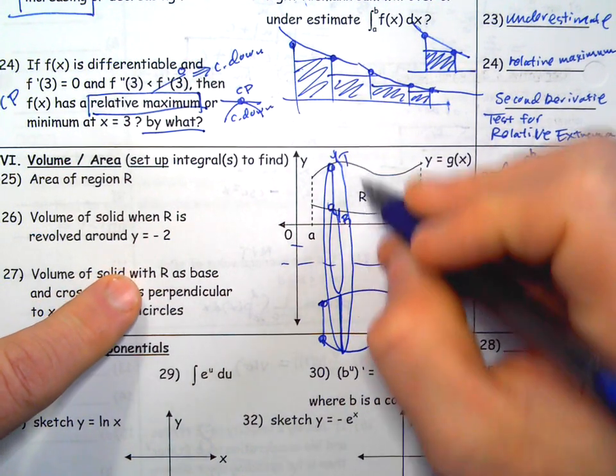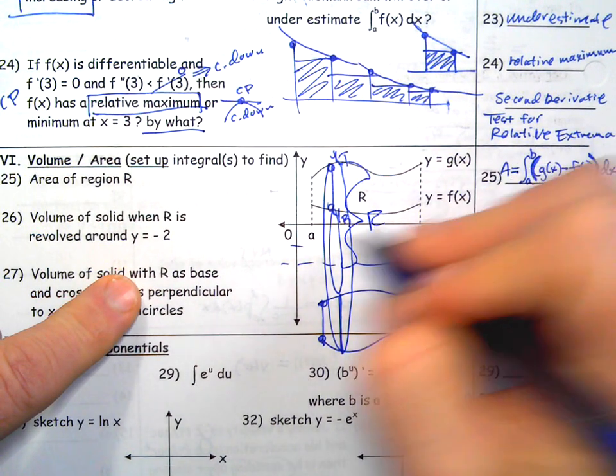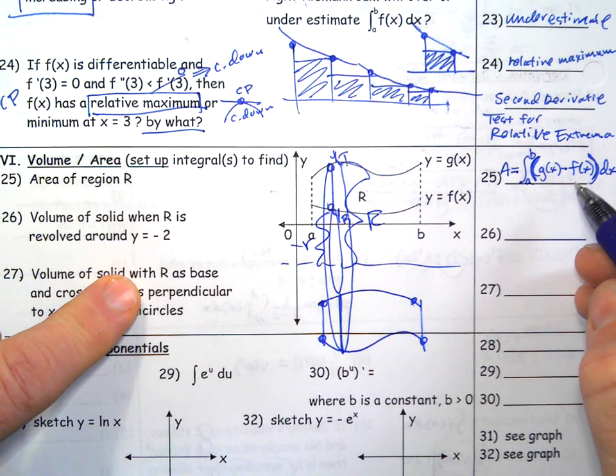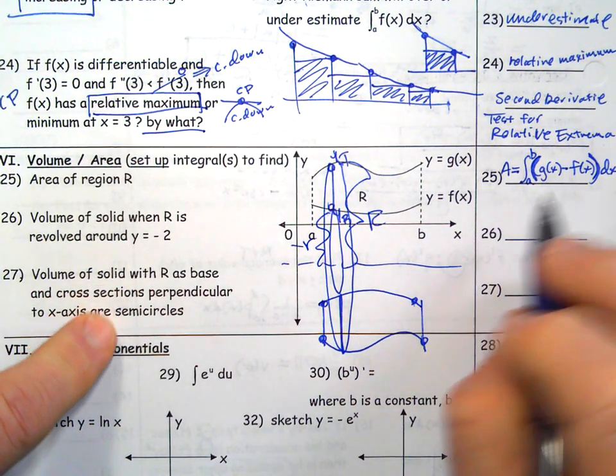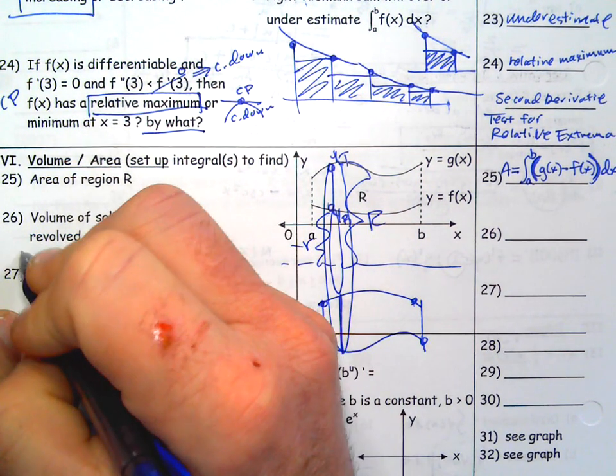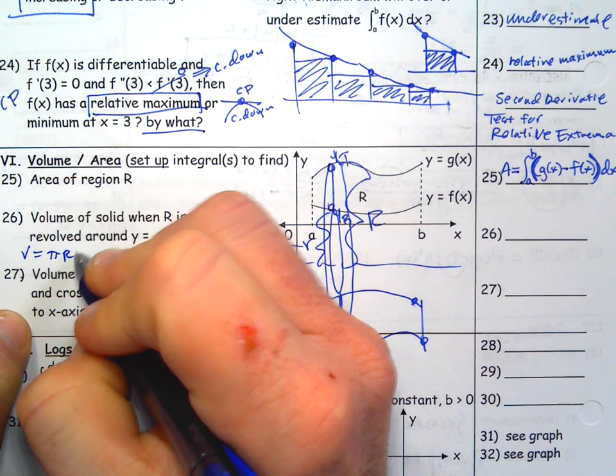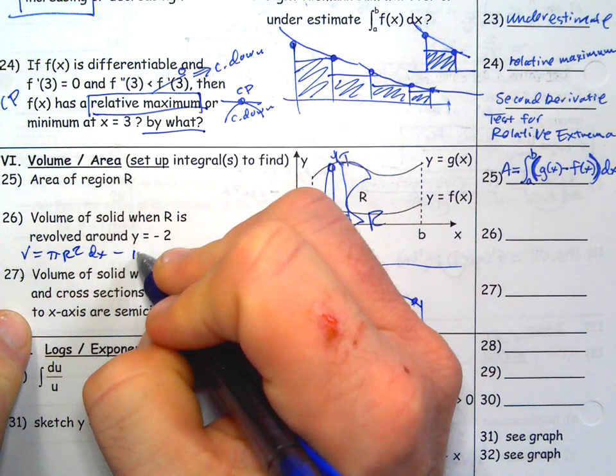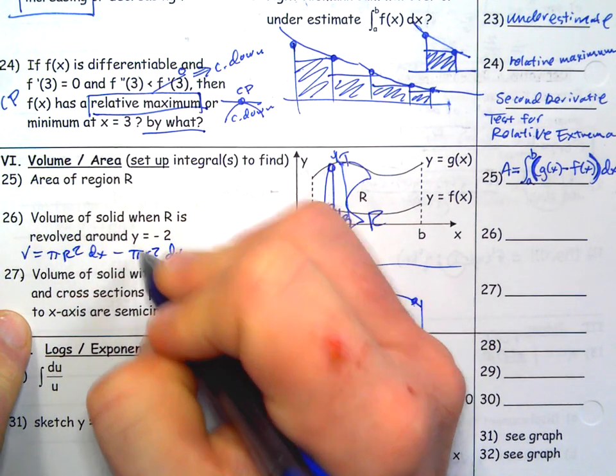So this is the original region. This is your big R. This is your little r. And so the volume is going to be pi big R squared dx minus pi little r squared dx.